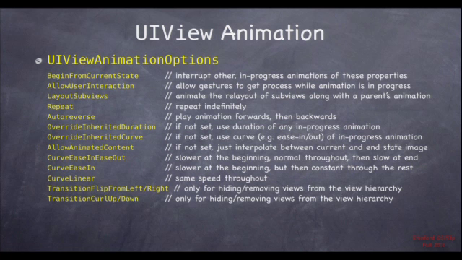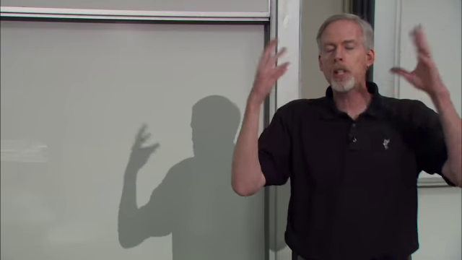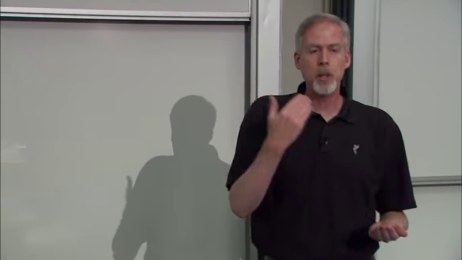Now, where it starts from is either where it is now being animated, or if you don't do begin from current state, it's going to start from where .frame is right now. So this is the confusion. I know it's hard to say in words. When you see it in code, maybe it'll make some sense. When you play with it, you'll start to say, oh, I see. But you've got to get used to the fact that when you post an animation, it changes things immediately.